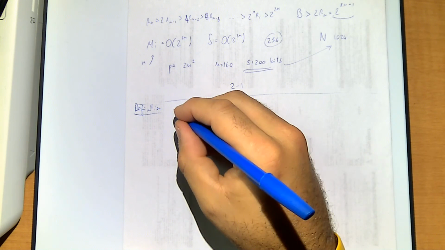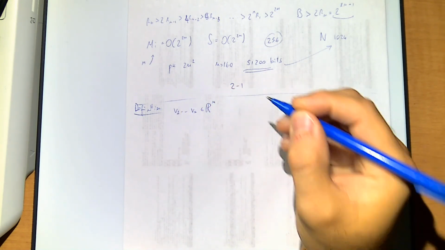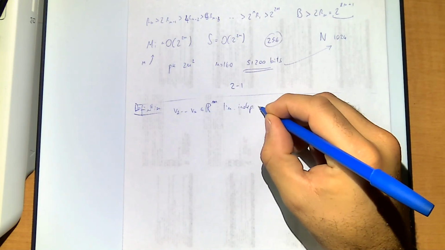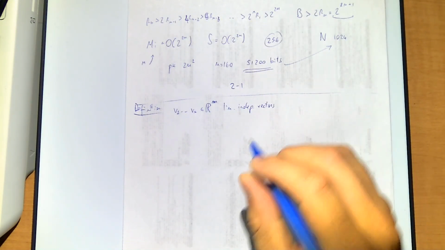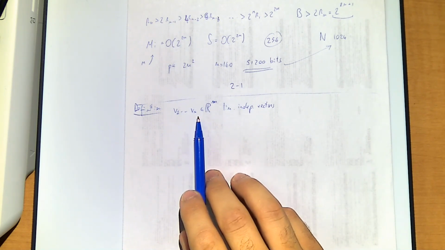Let's take vectors v1, ..., vn in R to the m. Let's have these linearly independent vectors. Okay, so these are length m vectors, and I take n of them.